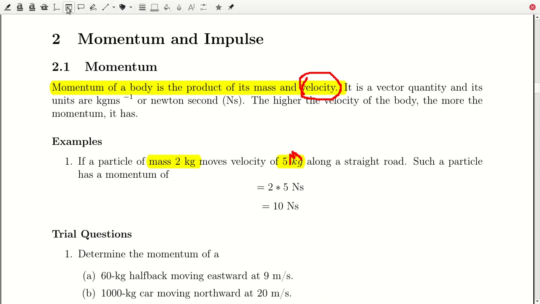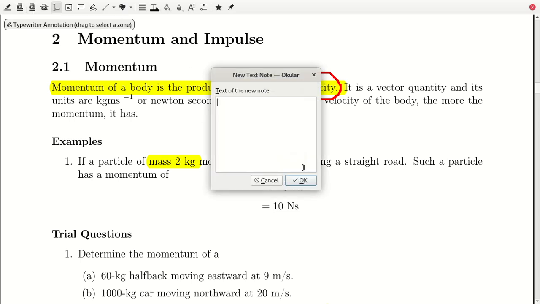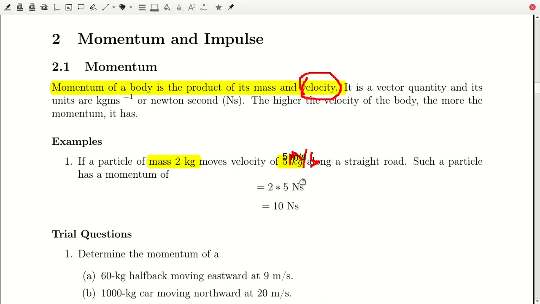So what would be the momentum of such a particle? That's what you need to know.